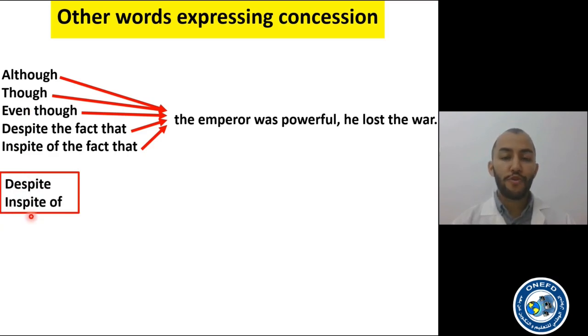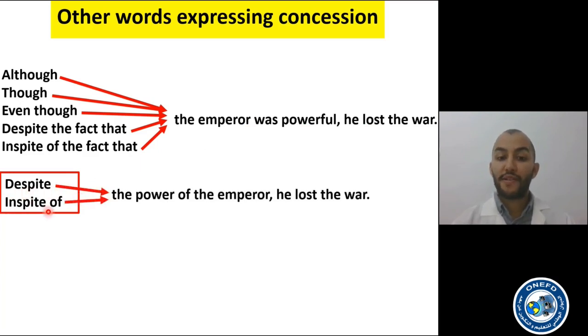Okay, so I want you to pay attention. How are we going to link these two sentences? So let's see. Despite or in spite of the power of the emperor, he lost the war. So what changed here? Okay, I'm gonna help you out. Look at the first sentence in each one.